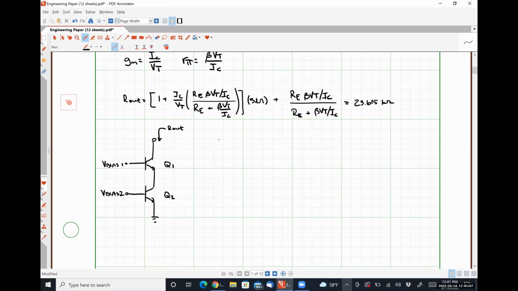This is effectively the same as this circuit, where we're replacing transistor Q2 with its output resistance R02. And we can follow a very similar path for PNP transistors.